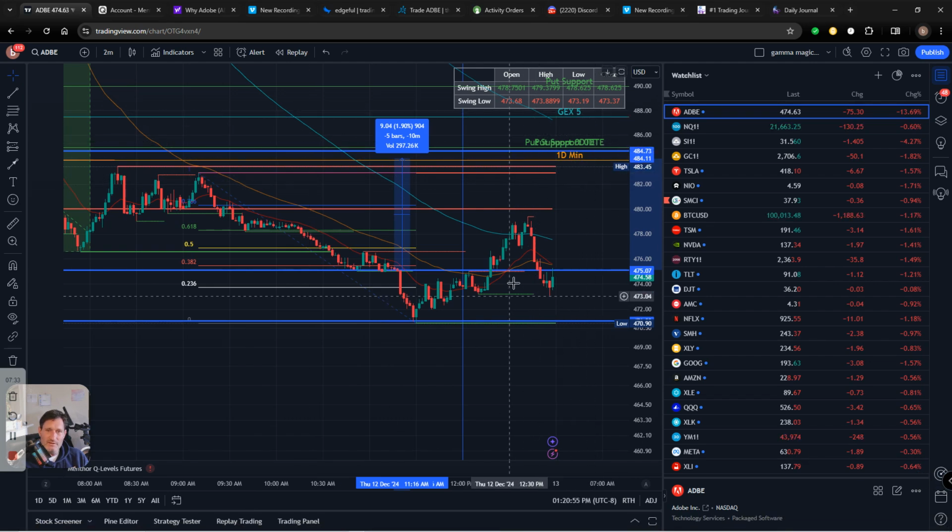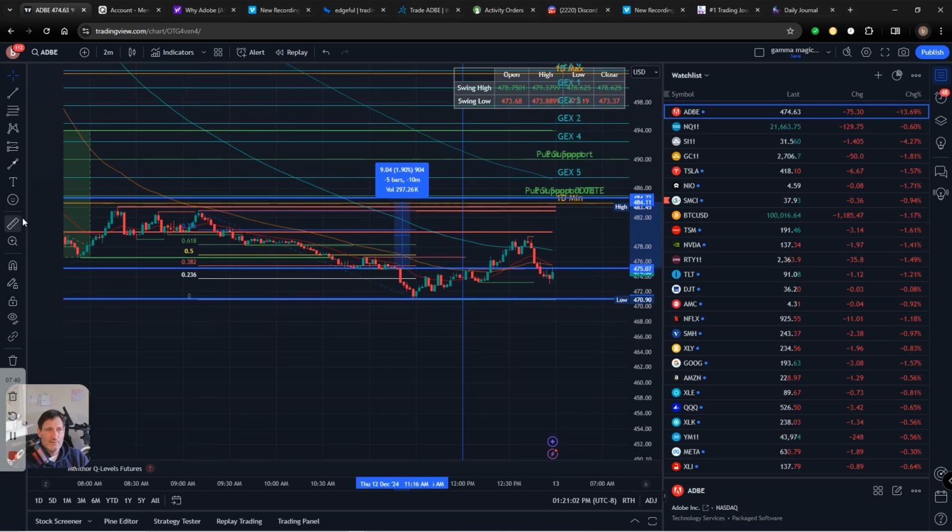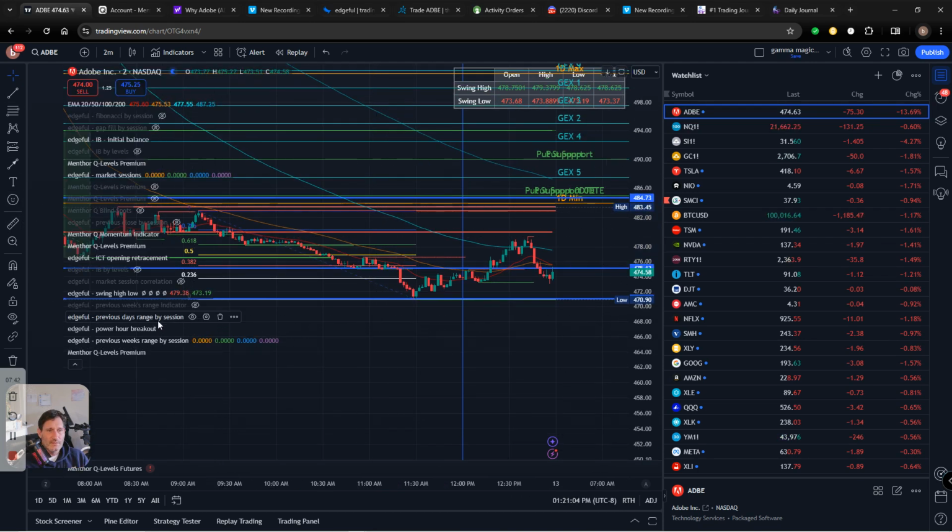It was expecting this to close at put support at least, or 1-day minimum. These are the intraday levels here. And then we have the daily levels as well. Which are different. So Mentor Q is good.